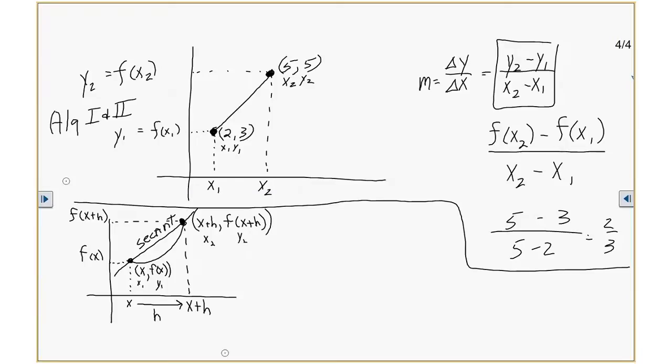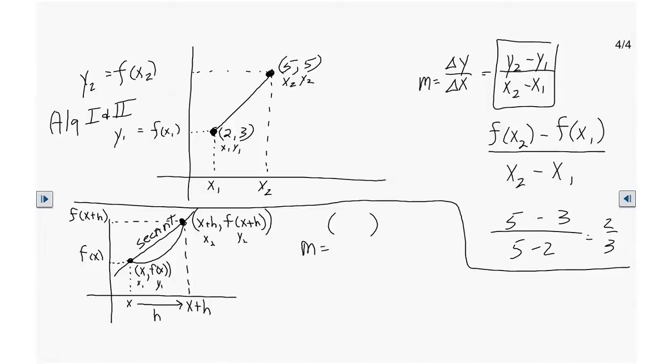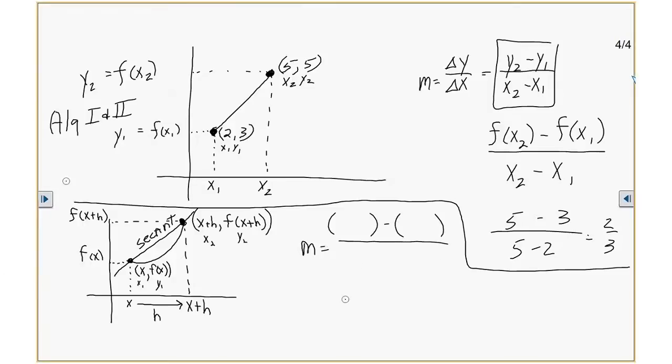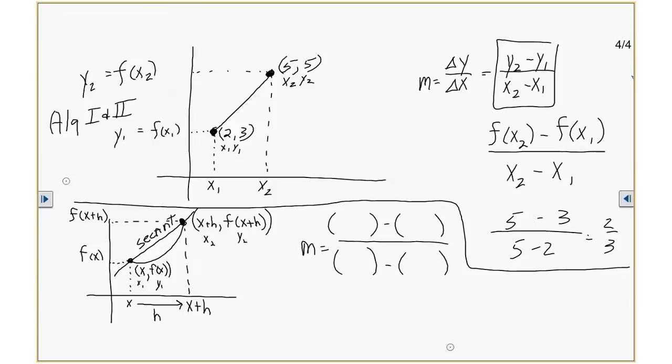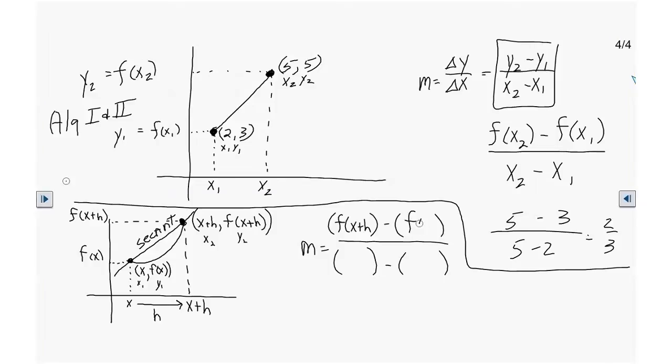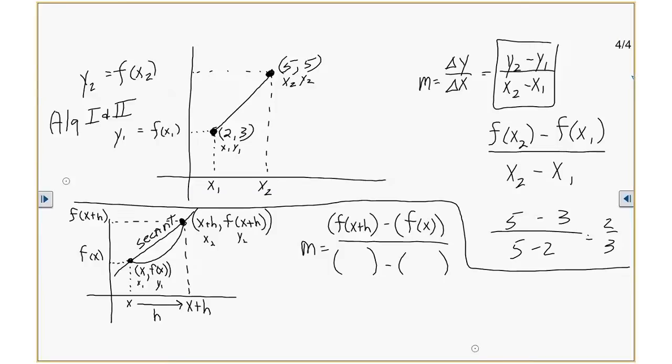Now, I tell students, whenever you find a slope, you use a big set of parentheses. Okay, what's our y sub 2? That's f of x plus h. And what's our y sub 1? F of x. And what's our x of 2?